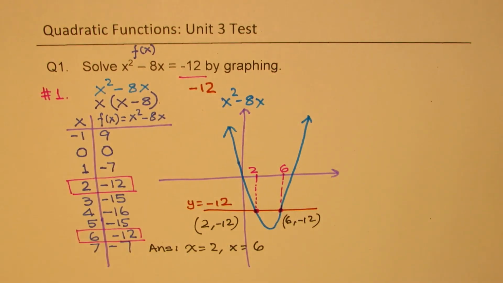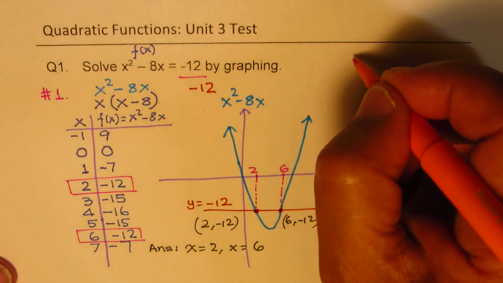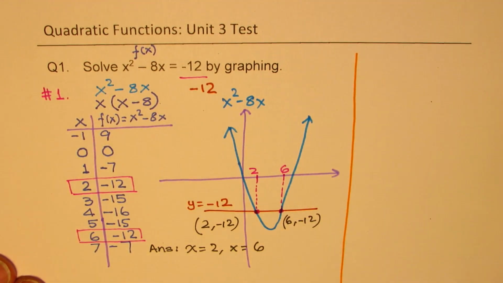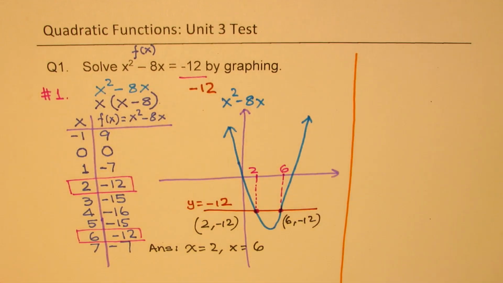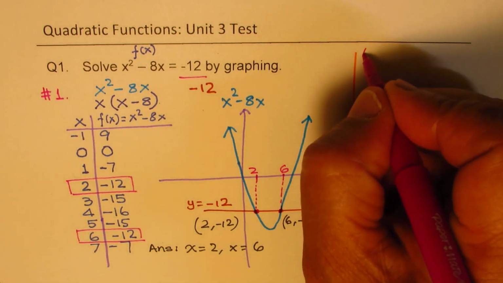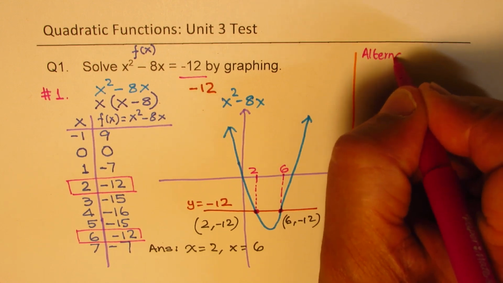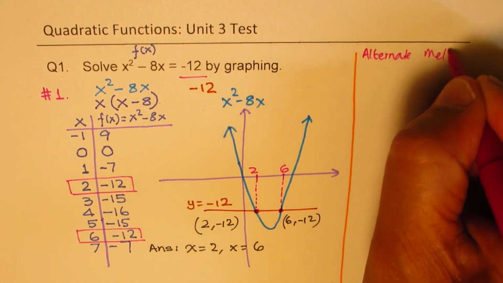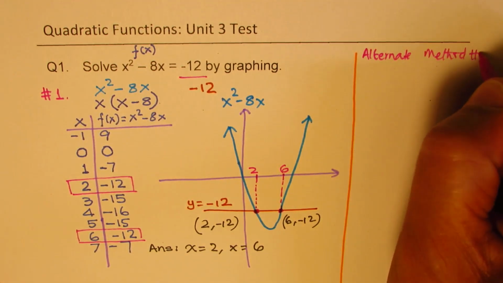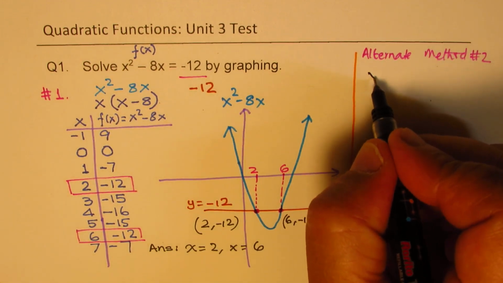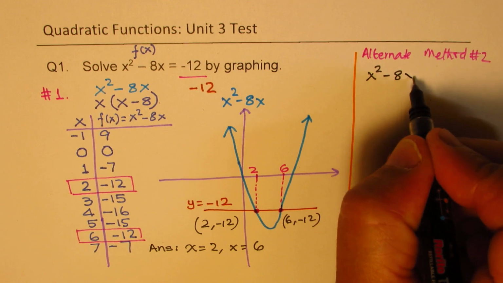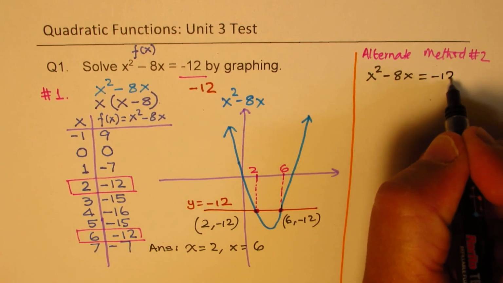I want to share with you another method of graphing and then solving the same equation. So we could actually rewrite this. So let me write down the alternate method, or you can say method 2. Is it clear? So we are given the equation x squared minus 8x equals minus 12.